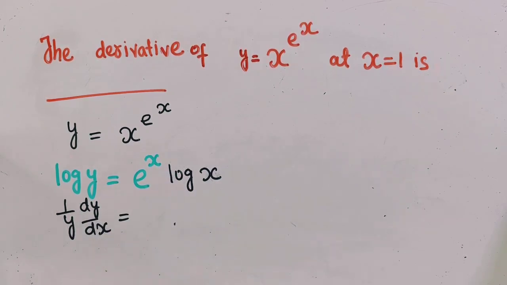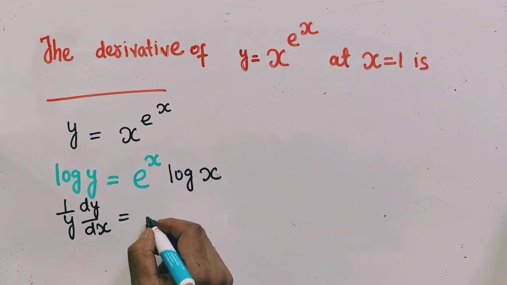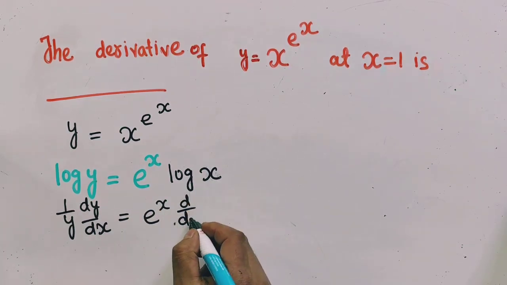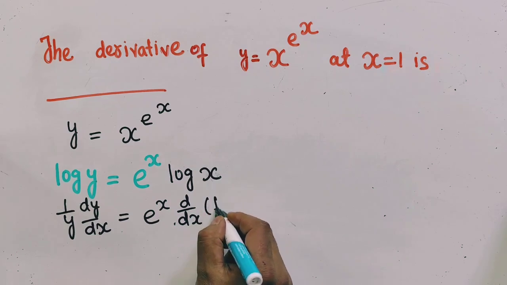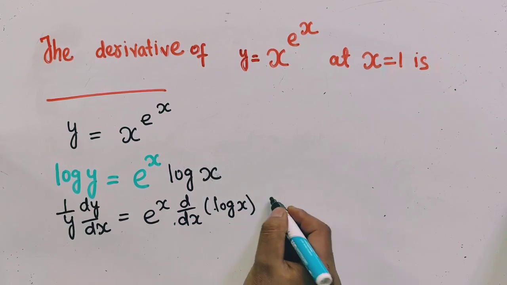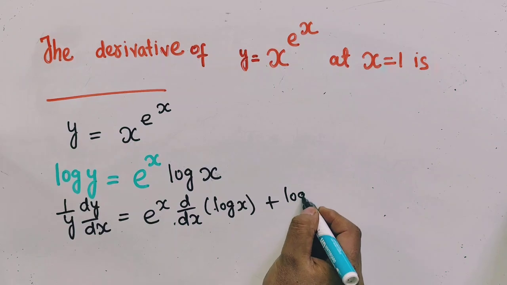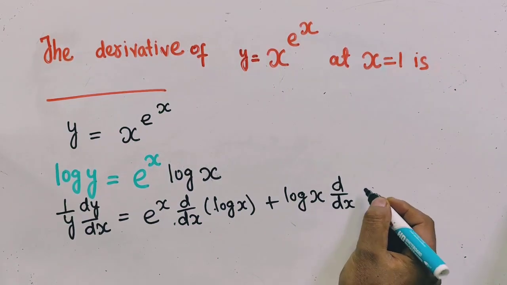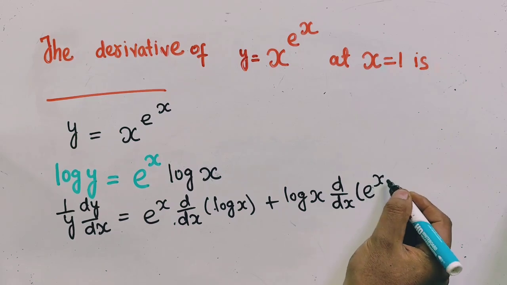Now on the right hand side, we apply the product rule. That is, we write the first function e raised power x and take the derivative of the second function, which is log of x, plus then we write the second function log of x and take the derivative of the first function, which is e raised power x.